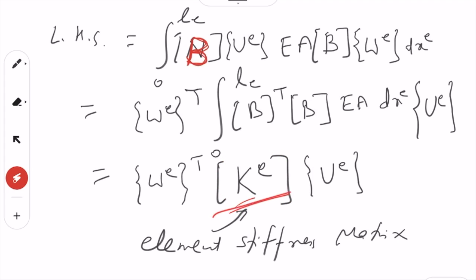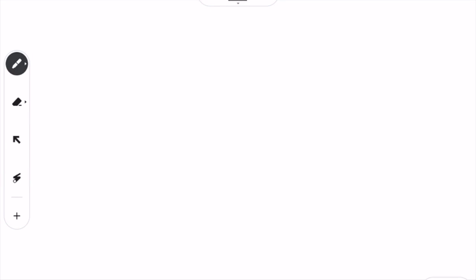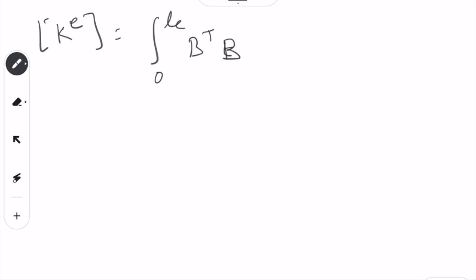So you can see here this will be b transpose EA, so we can write ke is equal to the integral from 0 to le of b transpose b EA dxe.